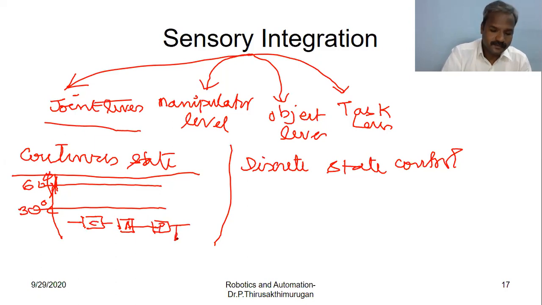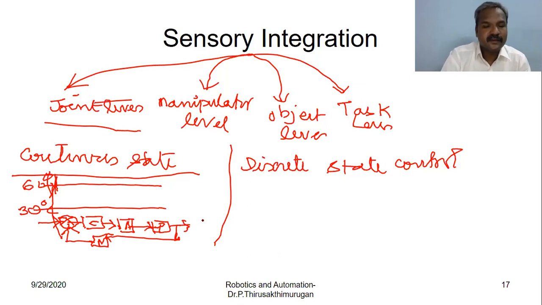Clear? So measurement. This is the measurement. So this is our set point. So what we are getting here is the controlled output. Not controller output, controlled output.